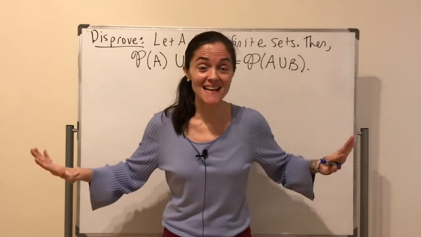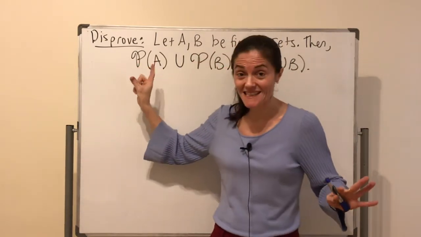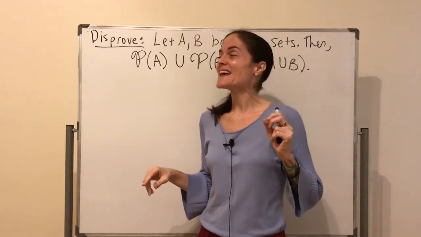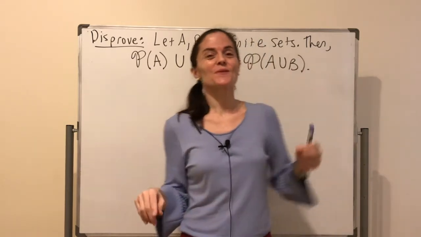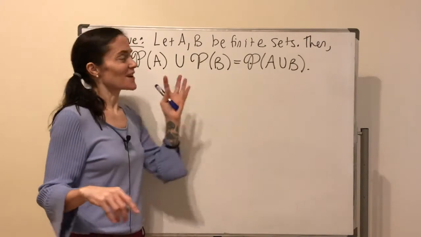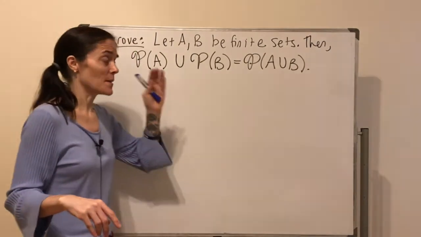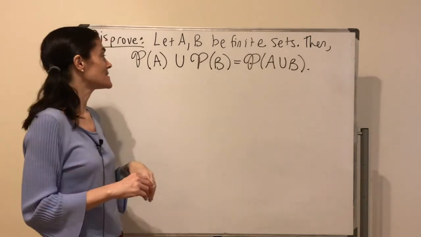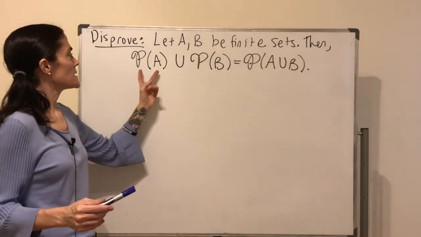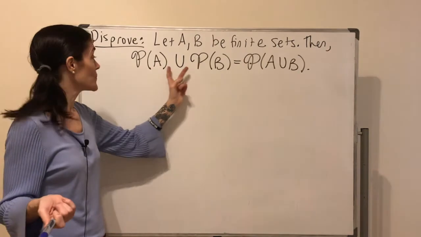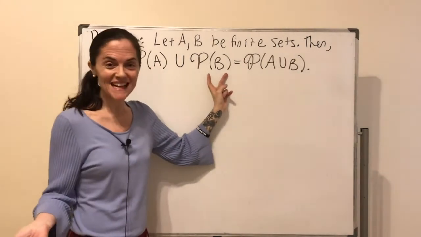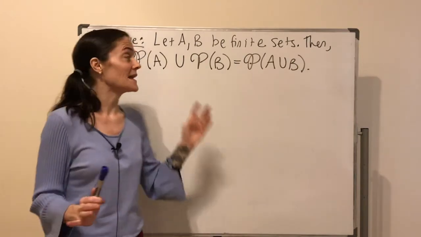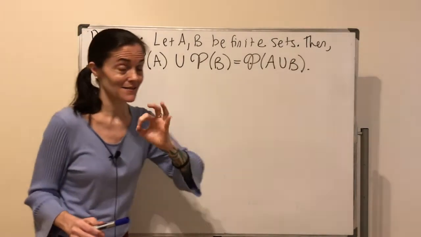This will be my last example where the instructions say disprove, and then we will see a few where I say prove or disprove. This is a great example, and it has to do with power set. We have A, B finite sets, and the statement says that the power set of A union the power set of B equals the power set of A union B. And I'm telling you in advance, this is false.